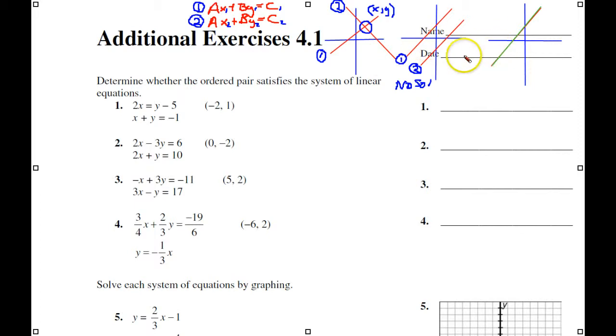Now, in my next example, if I were to graph equation 1, and I don't know if you could see it, but it's a red line there a little bit, and then I went to graph equation 2, and that's the green line, and lo and behold, it's the same line.